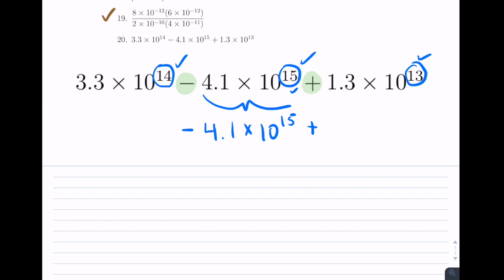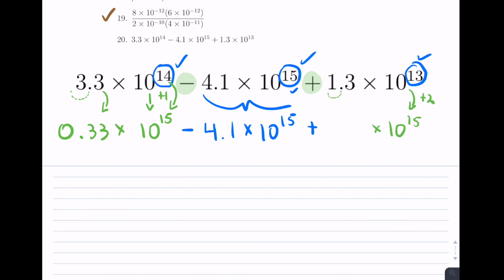Okay, the signs stay the same. And now let us convert all the other ones to have the same exponent. Now, if I change this from 14 to 15, I've added 1. I made it bigger, which means this has to get smaller by 1. And on the right-hand side, if I change this, I am making it bigger by 2, which now means this has to get smaller by 2.